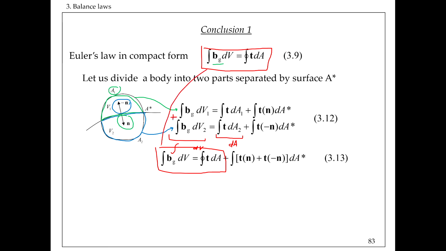So then we just have to request that this part here is also 0, and so then eventually we are just going to look into that and say, okay, that must hold true for any area that we wanted to cut it with.